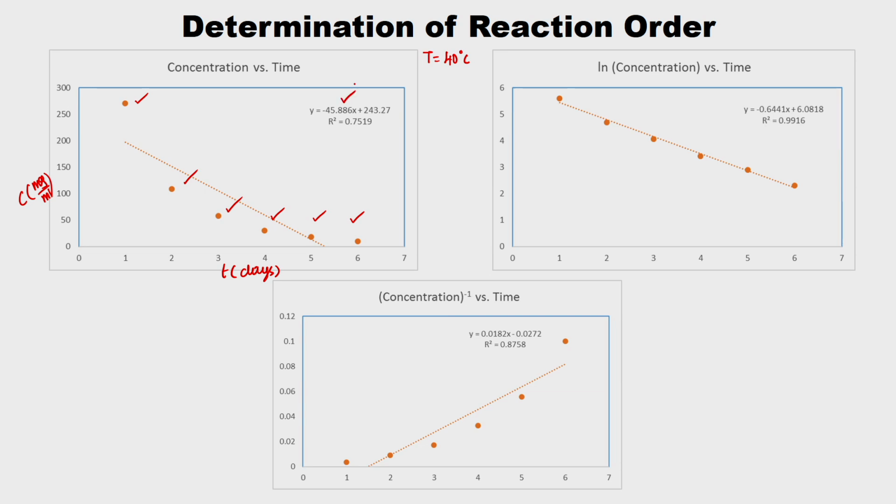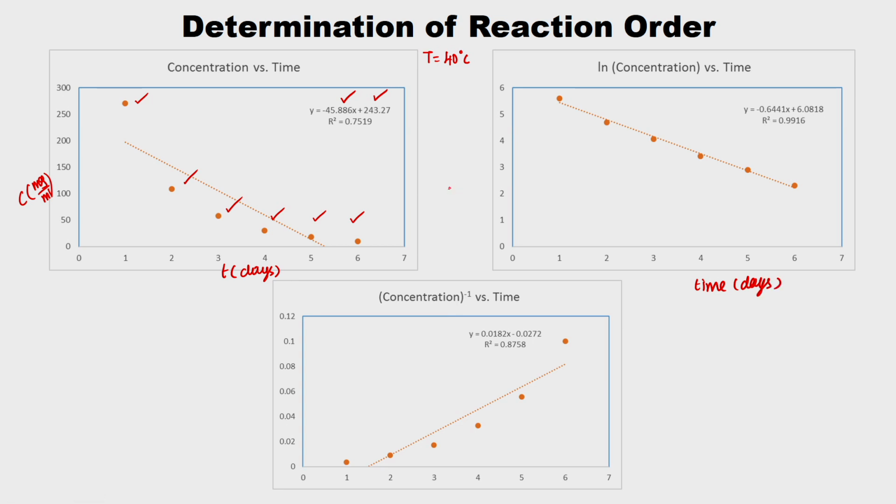What I got is y equal to mx plus c: minus 45.886 x plus 243.27, and the r square is 0.7519. Now we are going to check which reaction order it follows, or which rate mechanism it obeys.